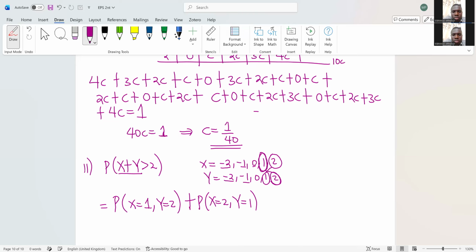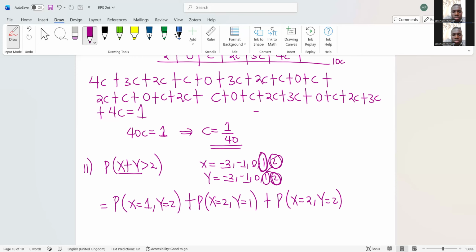Sum those two, you get a 3, and the 3 is above a 2. Therefore, that qualifies. Then also, I have the case where X is 2 and Y is 2. If you add the two, you get a 4, which is still above 2. So those are the only possibilities which I have.